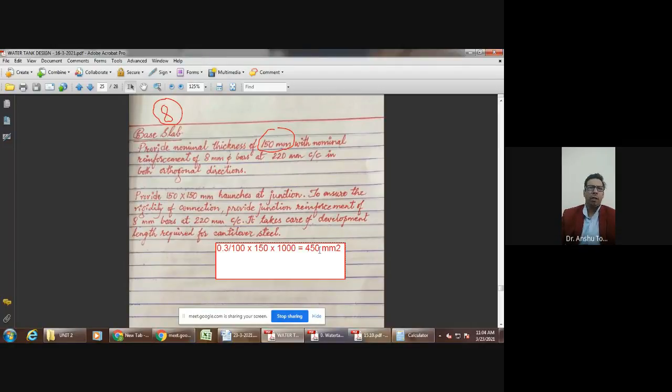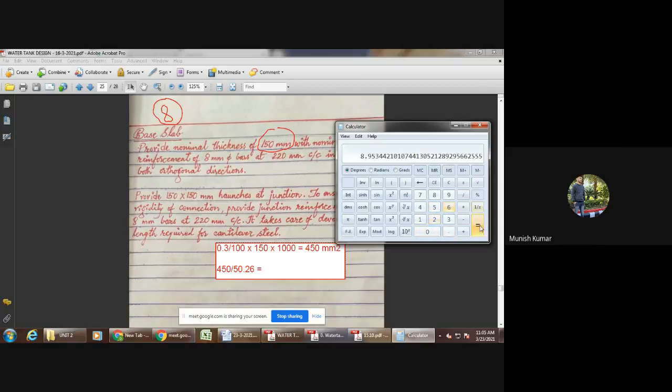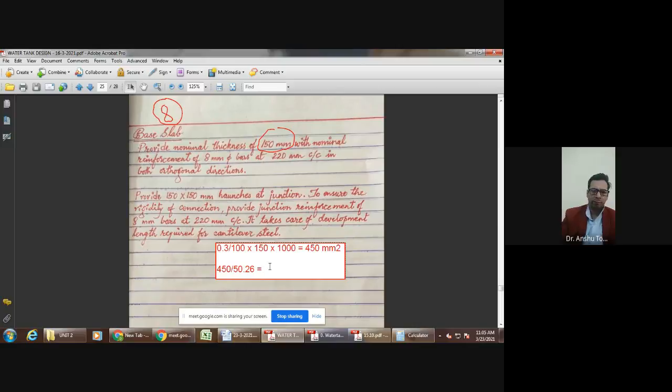So if I use 8 mm dia bars, that is going to be 450 divided by 50.26, which is equal to 8.95. That means we are getting 9 number of bars.